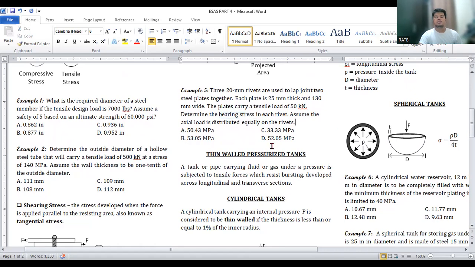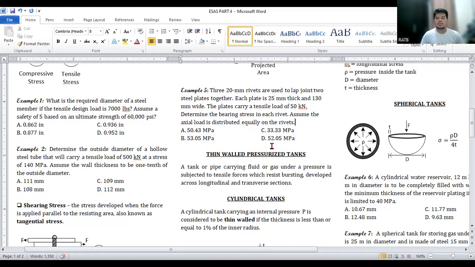There are three 20 mm rivets. The 20 mm in the statement refers to the diameter of the rivets, used to lap joint two steel plates together.